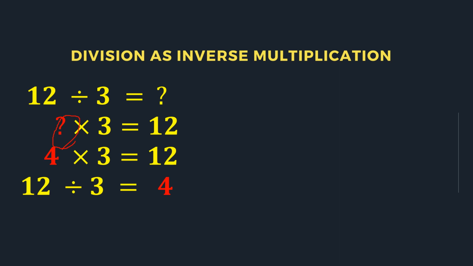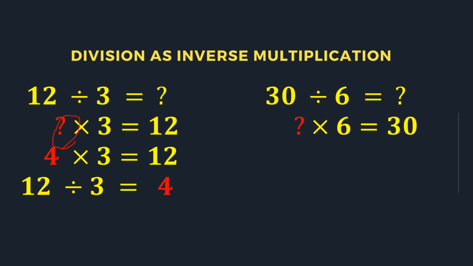Let's take a look at another example. 30 divided by 6 is equal to what? Since in this question it is divided by 6, we are going to use the multiplication table of 6. What times 6 is equal to 30?